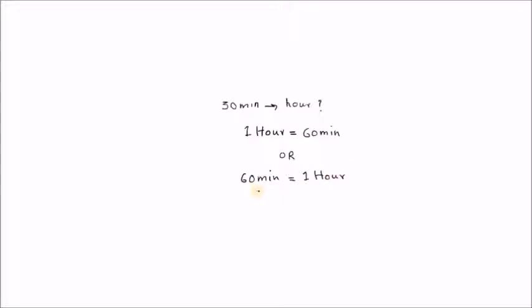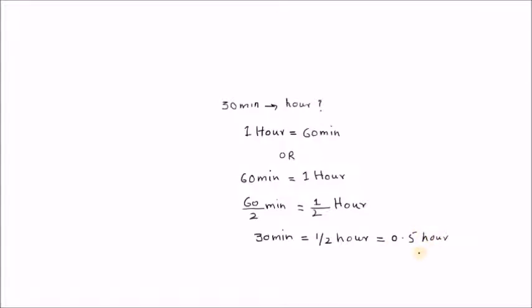To convert 60 into 30, divide this number by 2. 60 over 2. The same action you will do on the right hand side: 1 over 2. And finally, you will get 30 minutes is equal to half an hour, or you can write it like this, 0.5 hours.